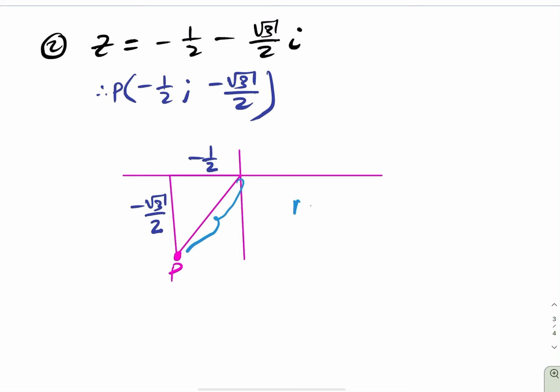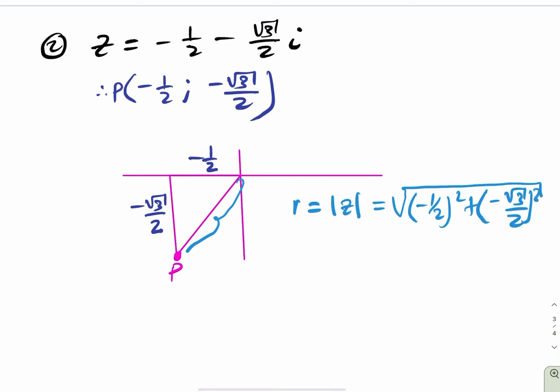That is to say, your r is going to be the absolute value of z, which is equal to the square root of the square of your adjacent and the square of your opposite length. That is negative 1 over 2, squared, plus negative root 3 divided by 2, squared.